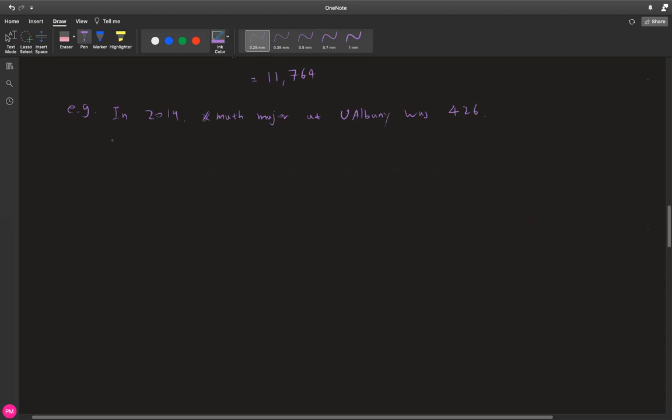And in 2020, the number of math majors at UAlbany is now 465. And you're asked to find the growth rate.